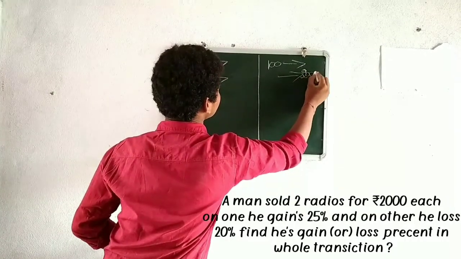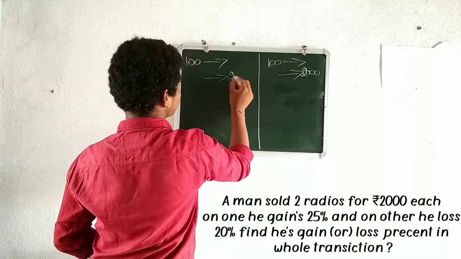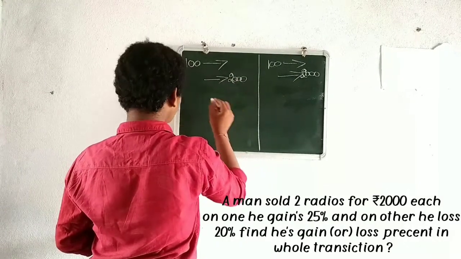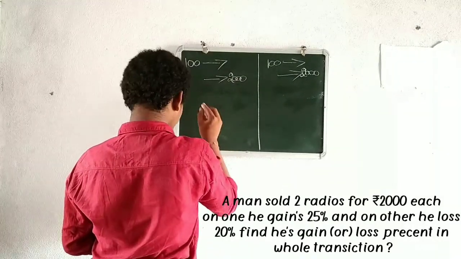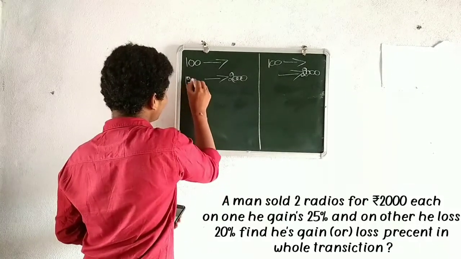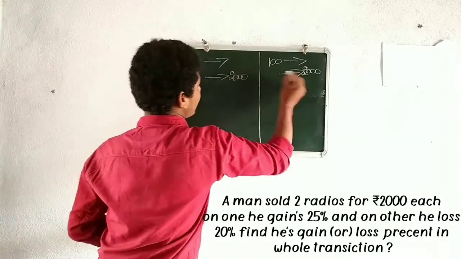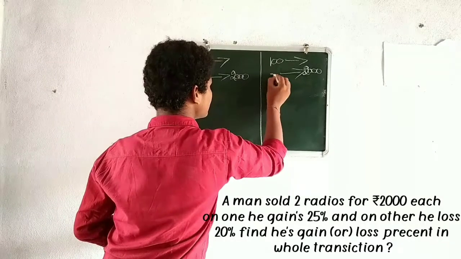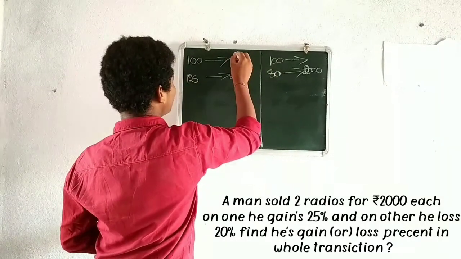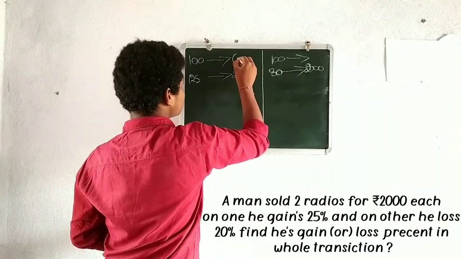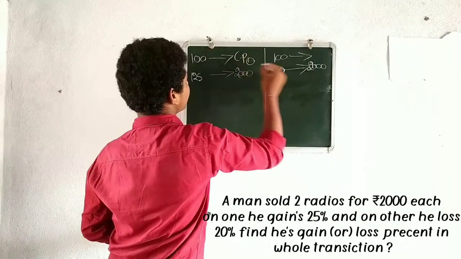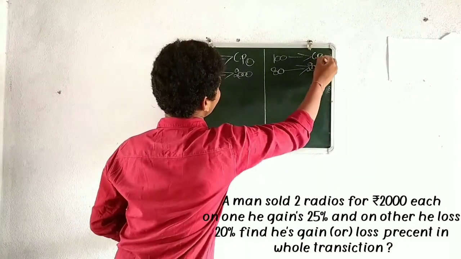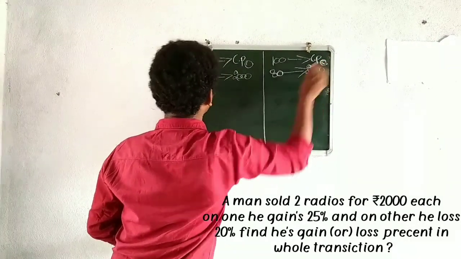Sold means selling price. He got a 25% gain, so 125, and a 20% loss, so 80, and keep the cost prices as CP1 and CP2.